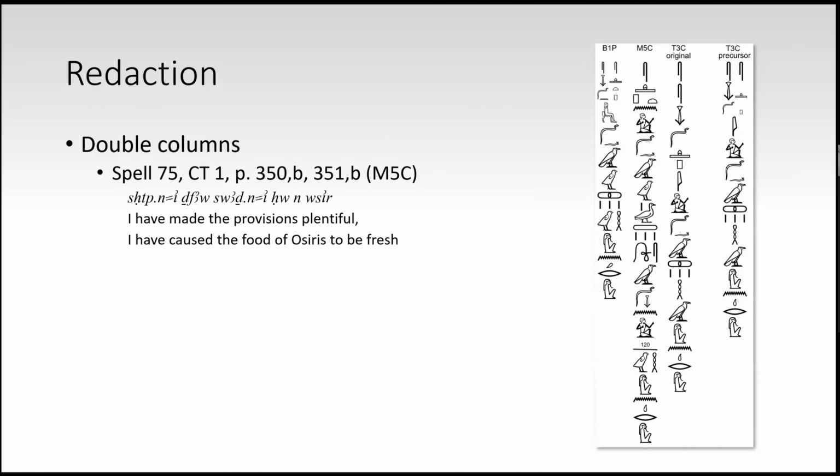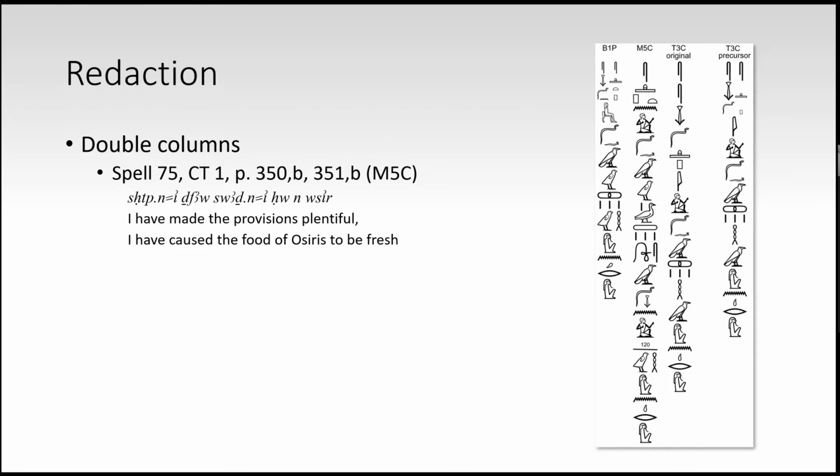And in B1P, as you can see here, this is how it looks when it works normally. So the hetep and sawaj should be read once, and then the any should be read twice for both verb forms. And the same goes for what follows. And M5C, for example, is the case where the phrase is just correctly written down. However, in T3C, this went rather wrong.